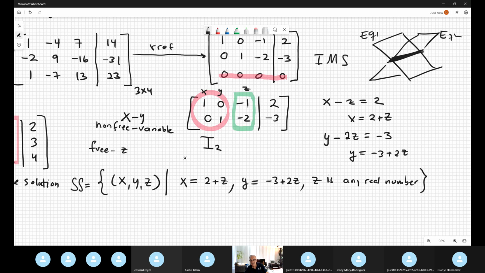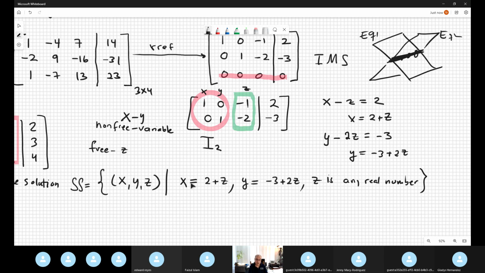This line has infinitely many points, and you know it is a line because you have only one free variable. One free variable indicates that the solution set, the solution object, is a line. A line is the geometric object that has only one dimension.